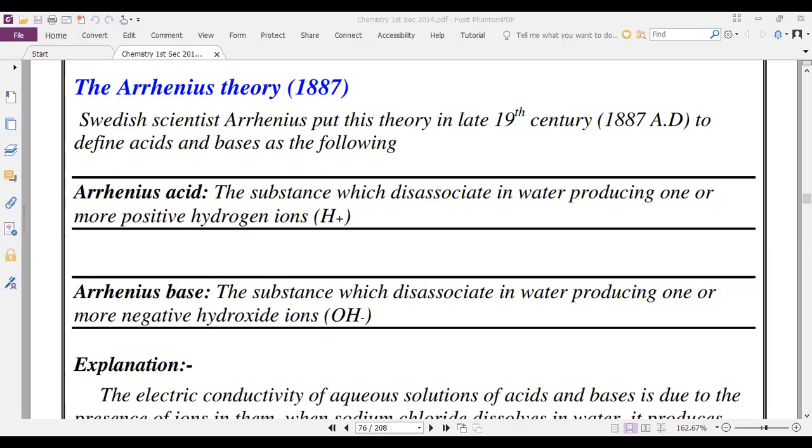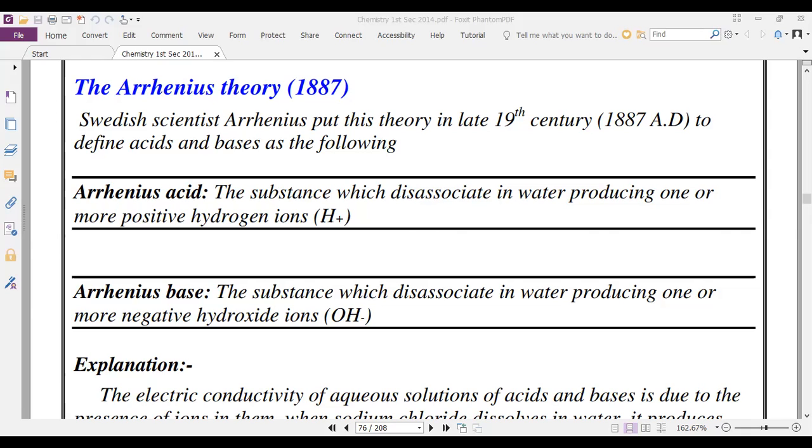Arrhenius theory, 1887. The Swedish scientist Arrhenius put this theory in the late 19th century, 1887, to define acids and bases as the following. Arrhenius acid, the substance which dissociates in water producing one or more positive hydrogen ions.